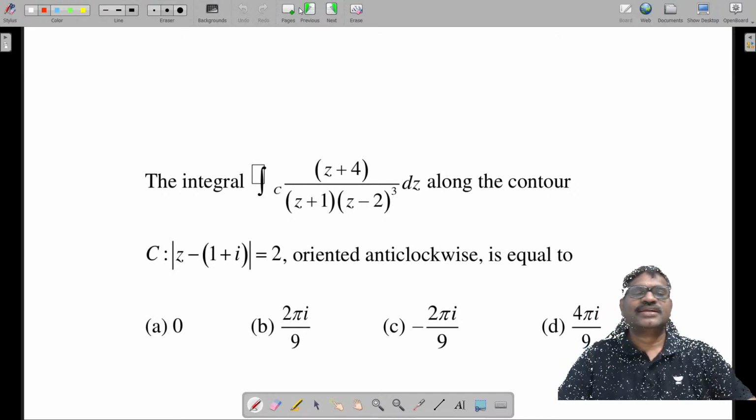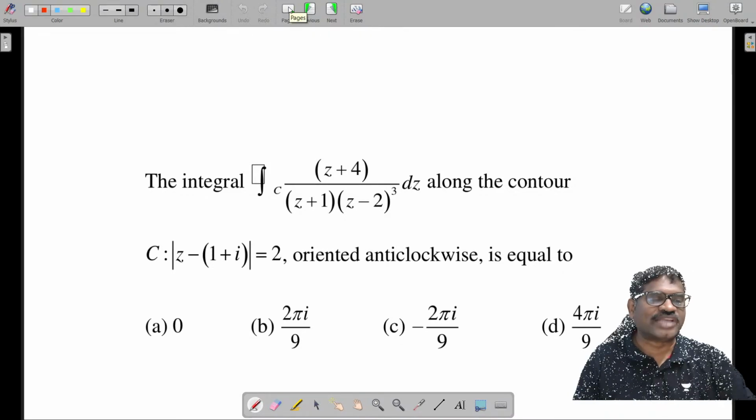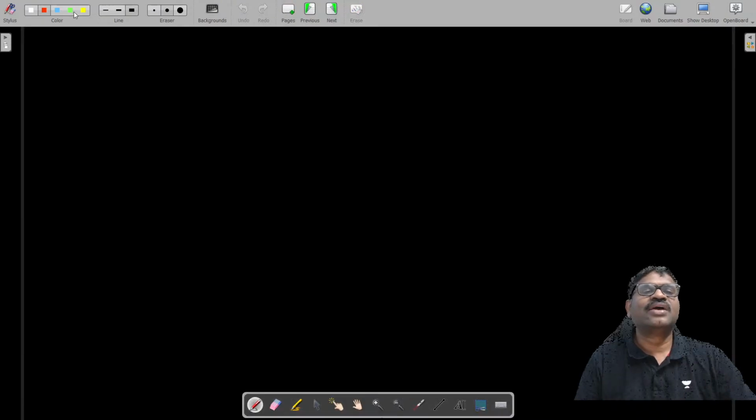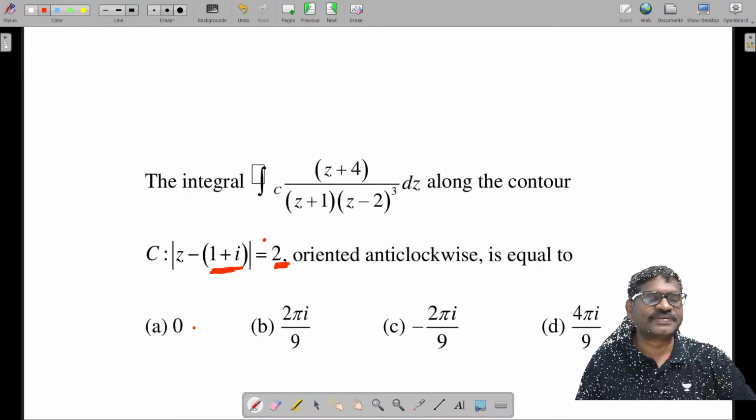Here z minus of 1 plus i means (1, 1) is the center and radius 2 units.